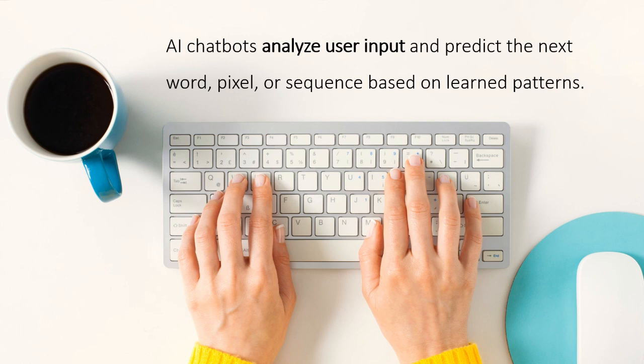For example, when you ask a chatbot a question, it's not actually thinking like a human, as I said before. Instead, it's going through a process of predicting the most relevant response based on past conversations and information it has studied. This real-time prediction is what makes AI feel intelligent and responsive, almost human-like.